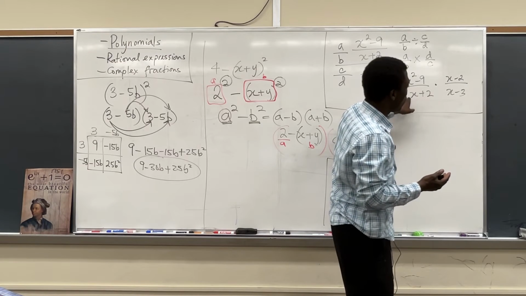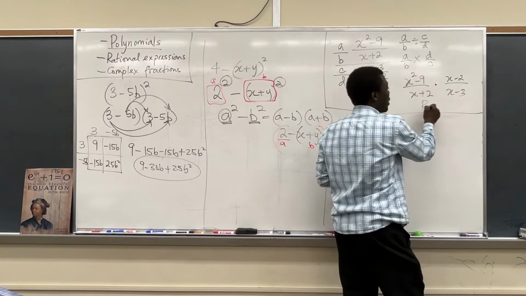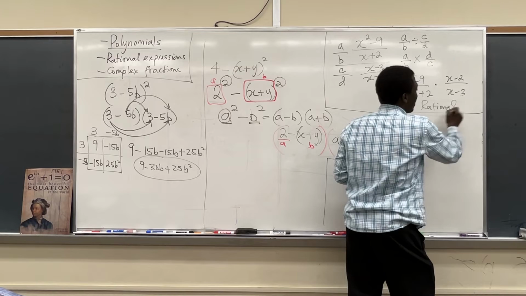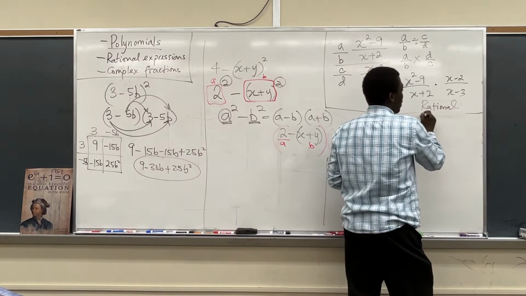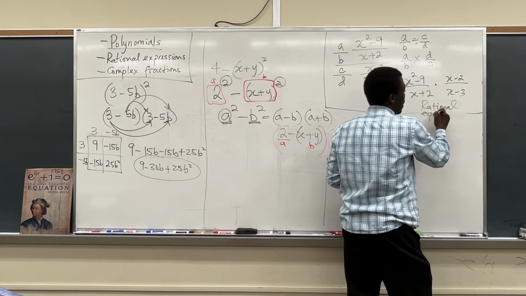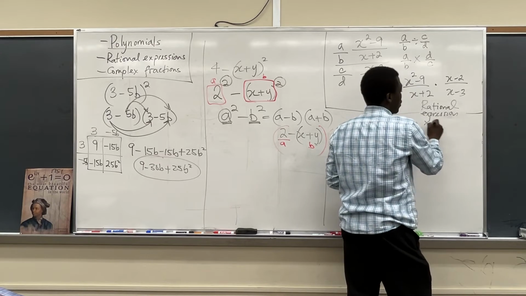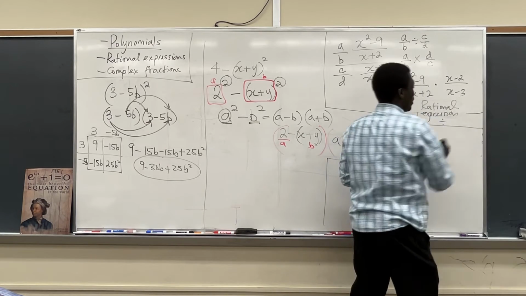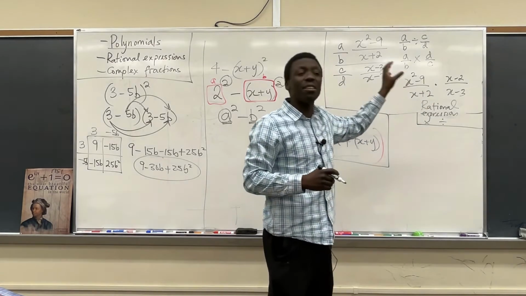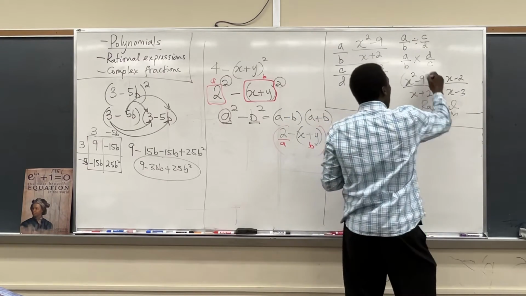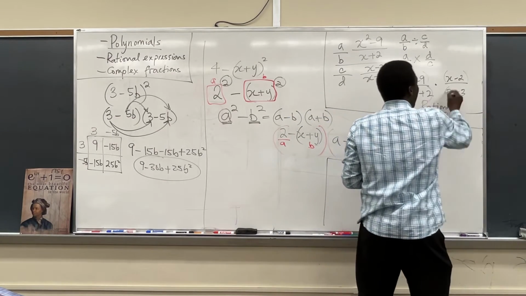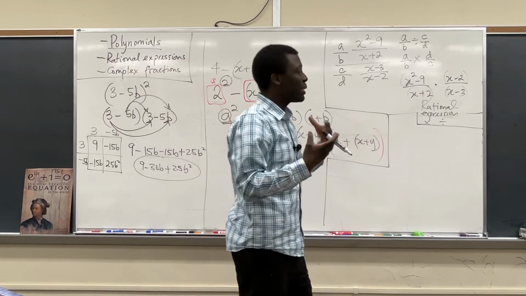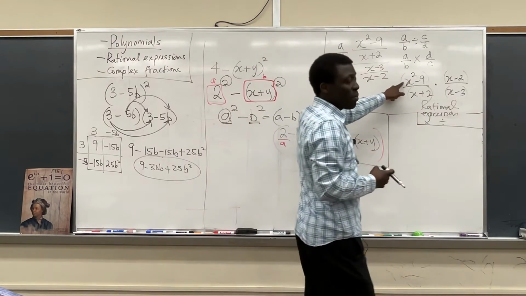At this point, in order to do this, this is a rational expression problem, right? So this is like rational expressions or rational functions. We're doing multiplication and division of rational expressions. What do I do at this point? I need to factor every single one of these. If they're not in their factored state, then I need to factor them. X squared minus 9 can be factored.